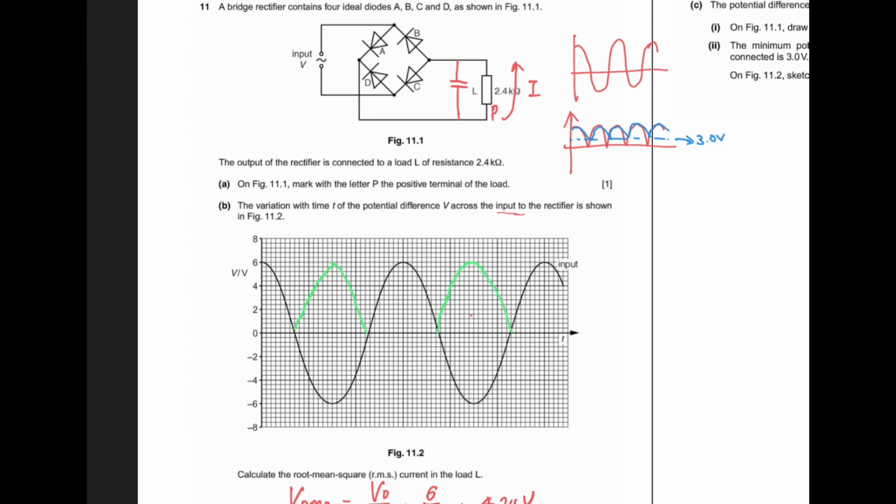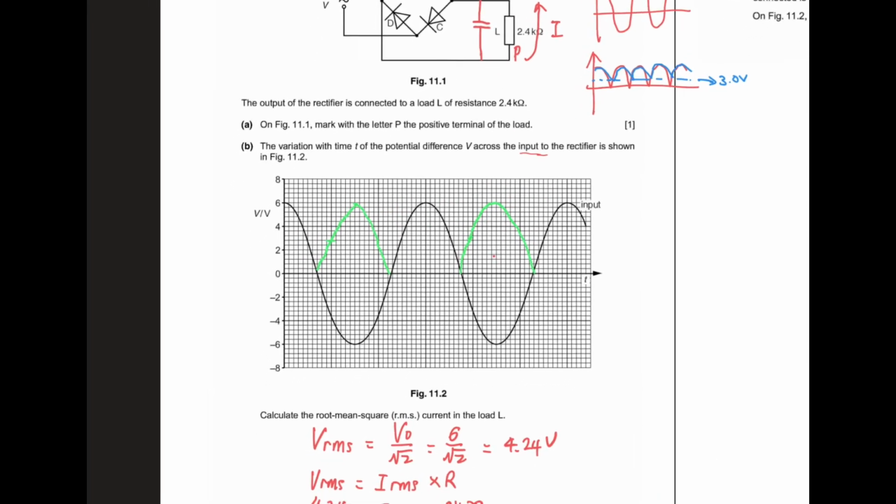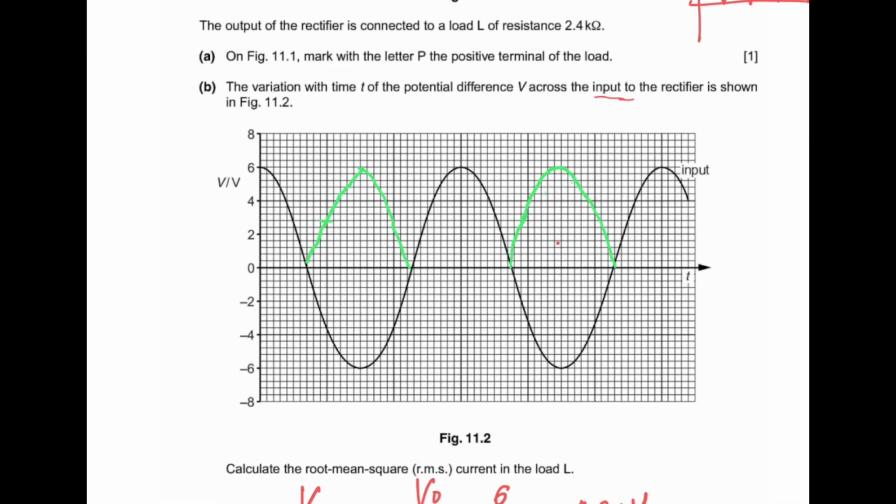Okay, so after that, there is smoothing also until 3 volt. So let's see, the 3 volt is somewhere in between.